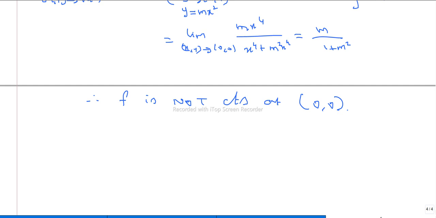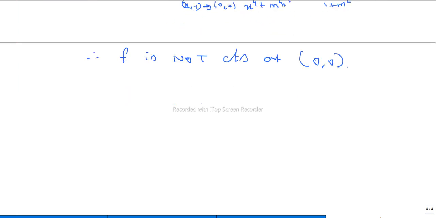So what are the partial derivatives? You have to differentiate f at the point. So you have to find whether dou f by dou x at the point (0, 0) exists or not, and then whether dou f by dou y at the point (0, 0) exists or not.